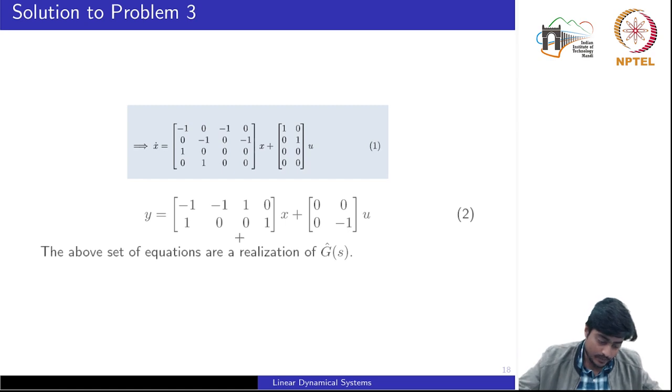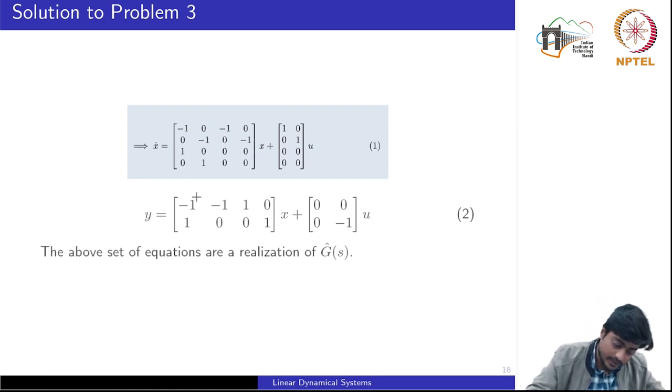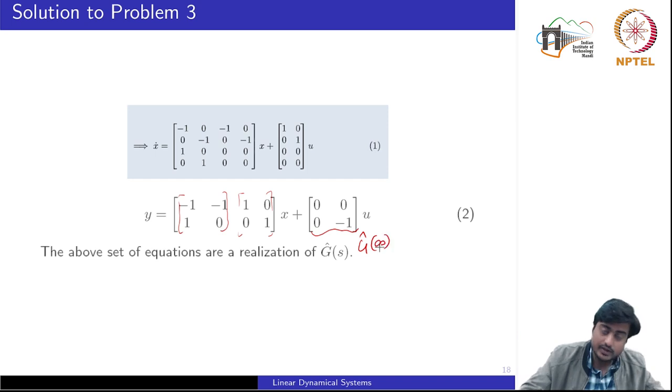And the output matrix, with p equal to 2, is N1 and N2, and this one is D, which is nothing but equal to your G hat infinity part, which is basically the feed forward term in the state space equation. So above equations 1 and 2 are called the realization of the transfer function. So this solves problem number 3.